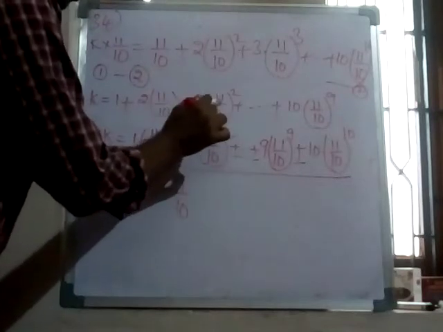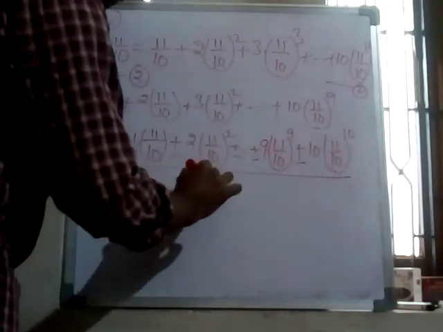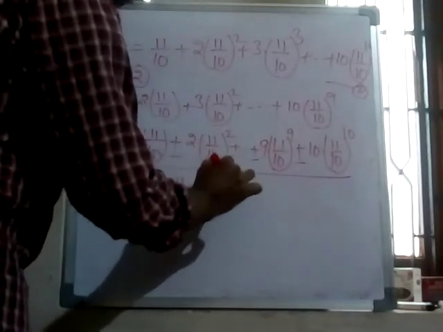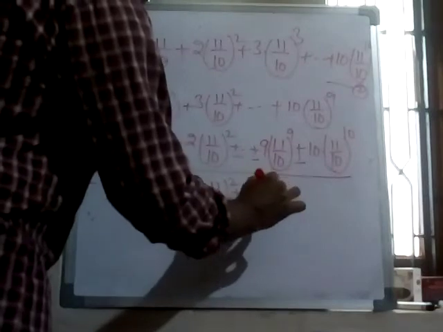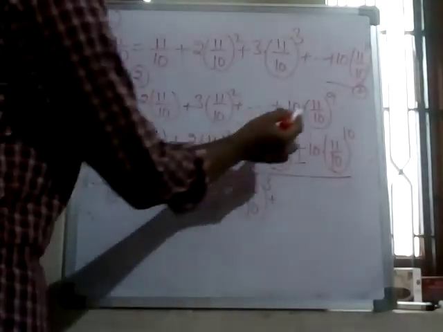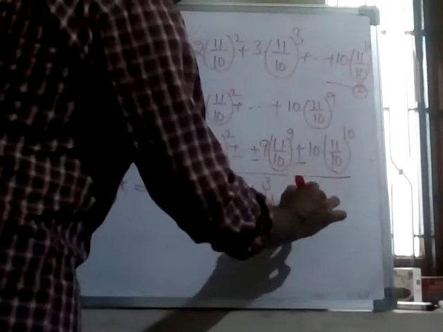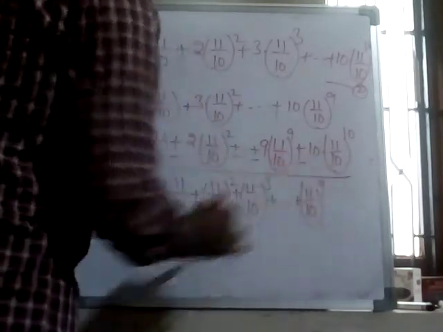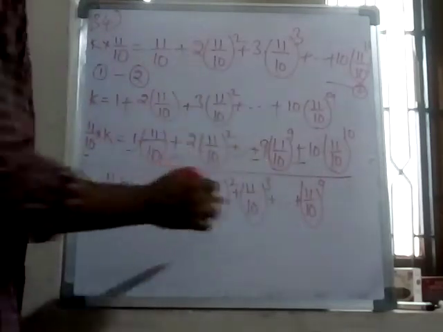Here 3 times of (11 by 10) whole square, 2 times of (11 by 10) whole square, so 1 time of (11 by 10) whole square. What is next? (11 by 10) whole to the power of 3, like that. Plus one last one, here also (11 by 10) whole to the power of 9. Here 10 times, here 1 time, so 10 minus 9, 1 time only.